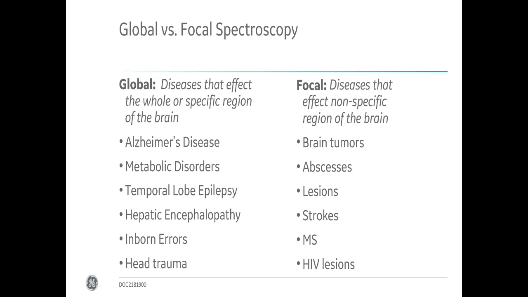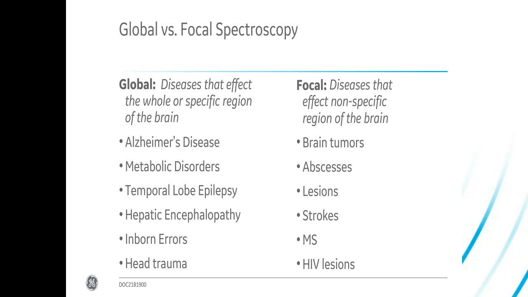So placing your voxel, starting the acquisition, and after a few minutes you have a good spectrum of good quality and you can already give a diagnosis. So in that sense, the global diseases are easier to address and start with, while the focal diseases are the more obvious and common ones when people think about spectroscopy.